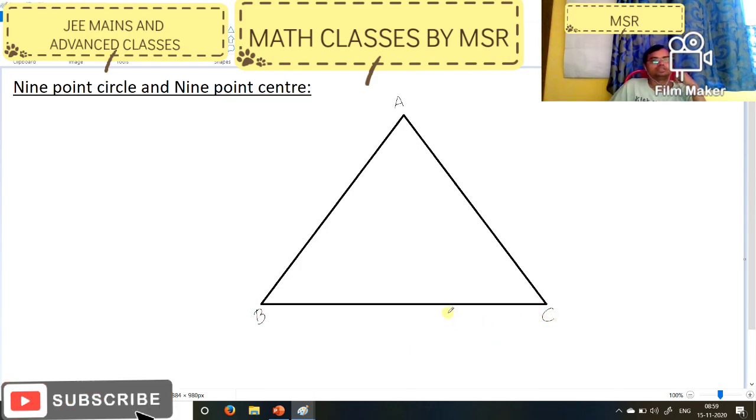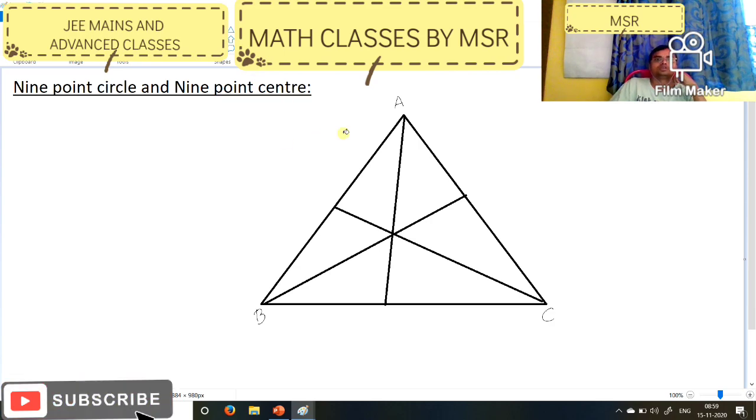ABC is the triangle. Okay, draw altitudes. So I am drawing the 3 altitudes from the vertices. Here you should understand that these 3 points are D, E, F, the feet of altitudes.